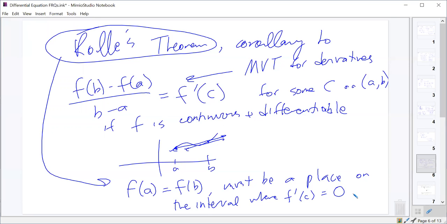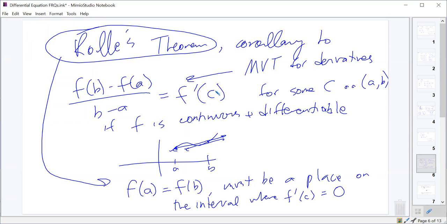There must be at least one critical value between a and b. There must be a place where the derivative equals 0. And it's just because f(a) equals f(b), so the numerator of that fraction for your slope is just 0. So you've got 0 over something equals the derivative. That's just a special case of the mean value theorem.